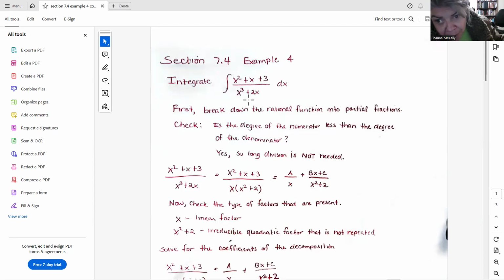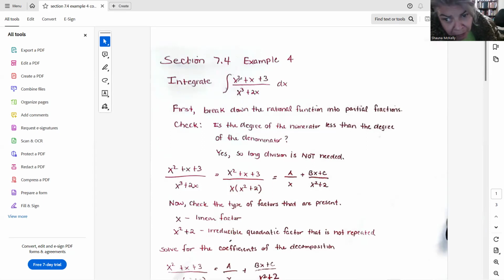But before you start to just blindly apply the cases that we saw in class, I want you to always check, is the degree of the numerator smaller than the degree of the denominator? Because this can get you in trouble. It got me in trouble on one of the problems that I was doing. This is x squared here. This is x cubed. So this degree is smaller.